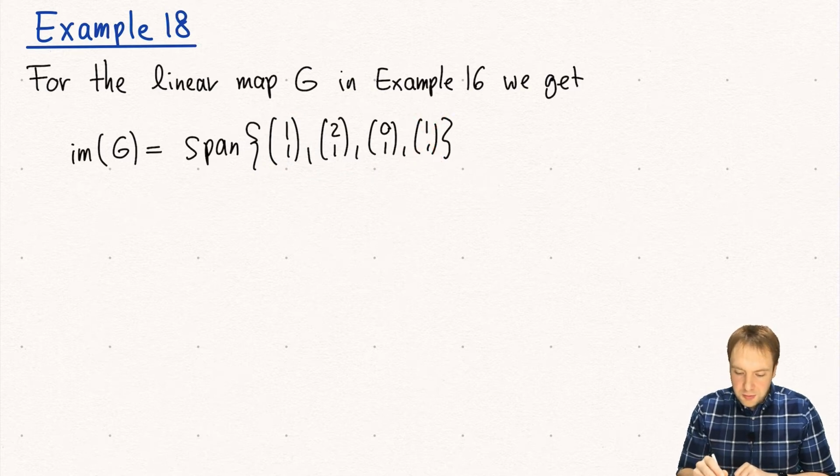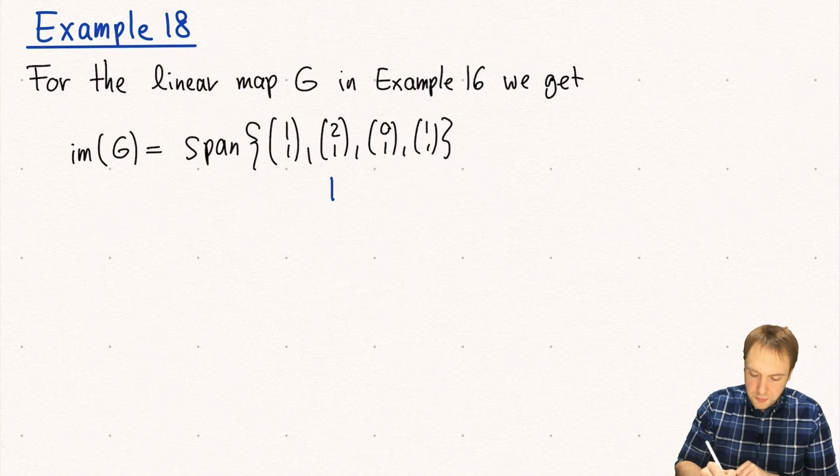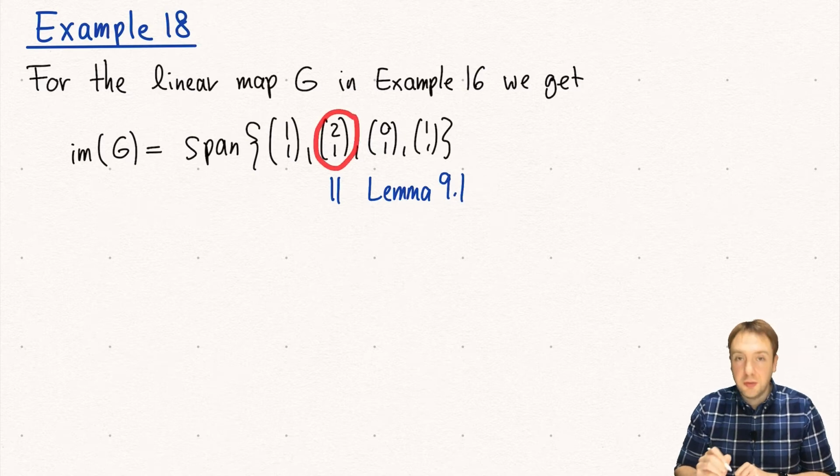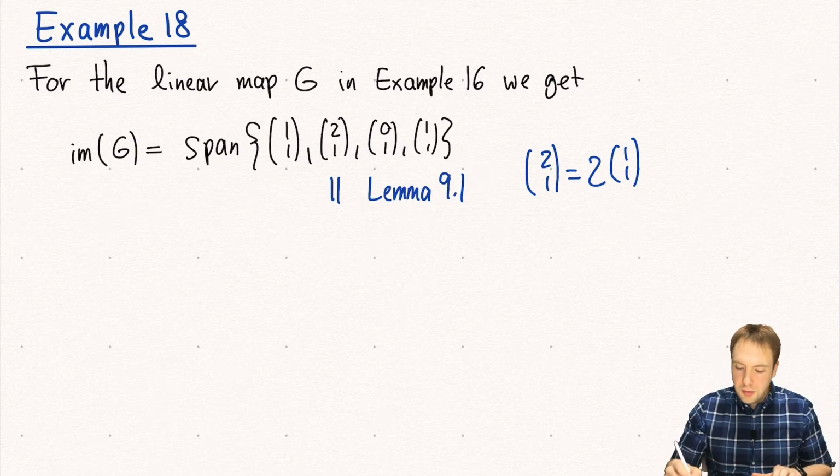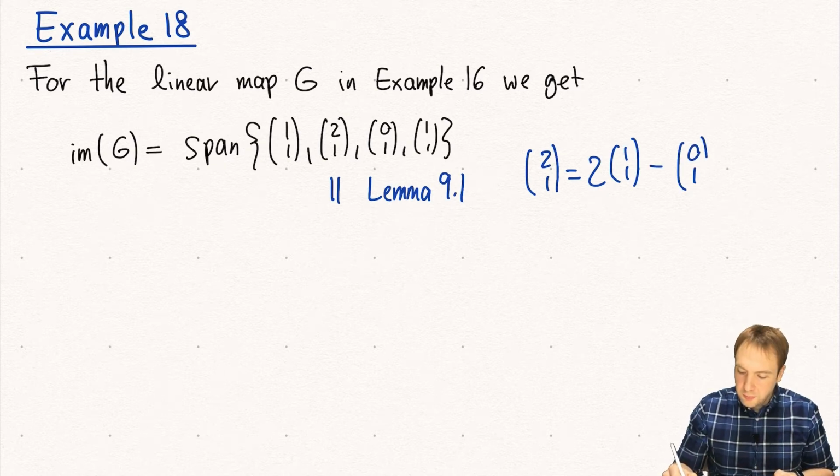But also, here we want to use lemma 9.1 now. We see, for example, that this (2, 1) is 2 times this vector minus 1 times this. So here we see (2, 1) is 2 times (1, 1), which is (2, 2), minus (0, 1).